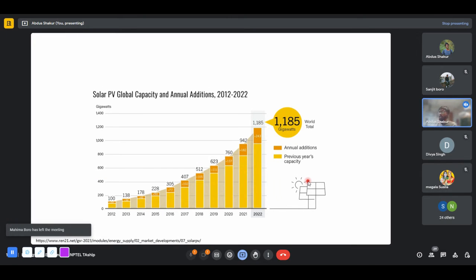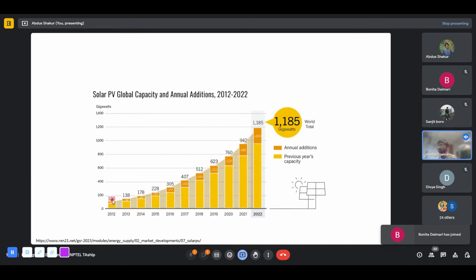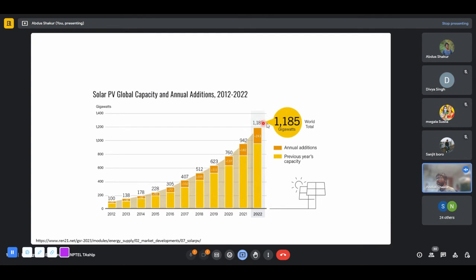And let's look a little bit at solar photovoltaic capacity. Basically we are referring to the solar panels that can generate electricity, in shorter words, we are trying to convert solar energy to electricity. So if you look at it in terms of gigawatts, from 2012 to 2022, in a decade, we have grown from 100 gigawatts to somewhere around 1,185 gigawatts.